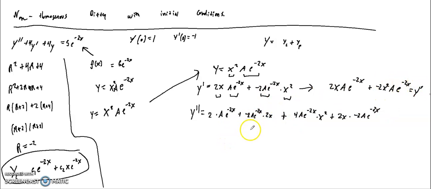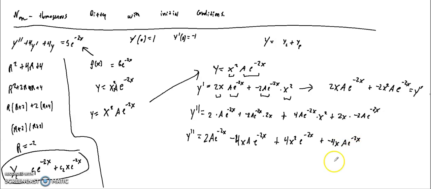And we'll simplify this too, so we get y double prime equals 2a e to the negative 2x minus 4x a e to the negative 2x plus 4x squared e to the negative 2x plus negative 4x a e to the negative 2x.